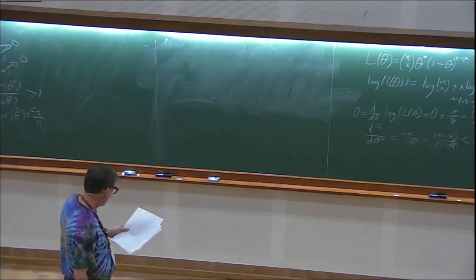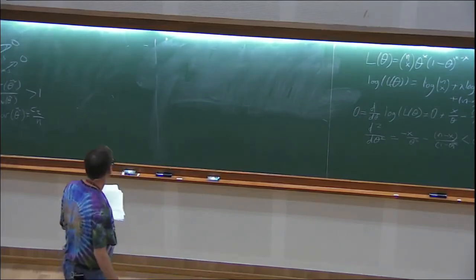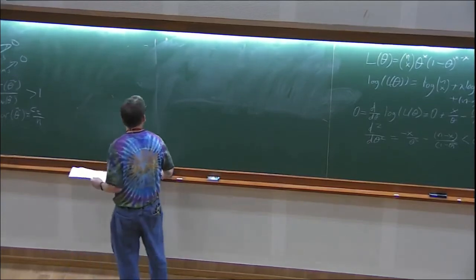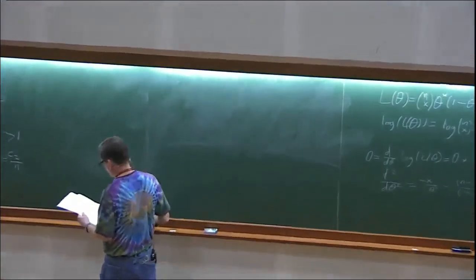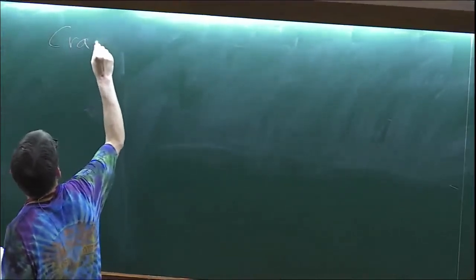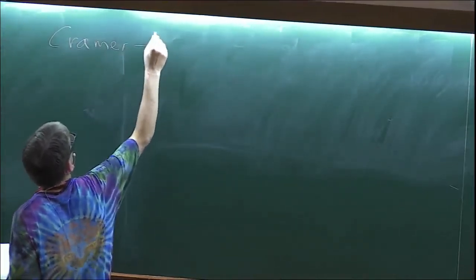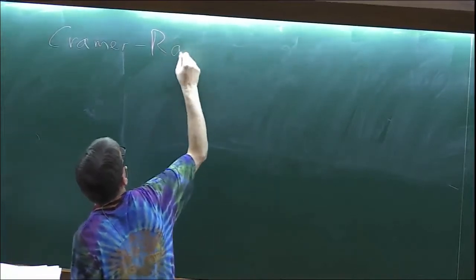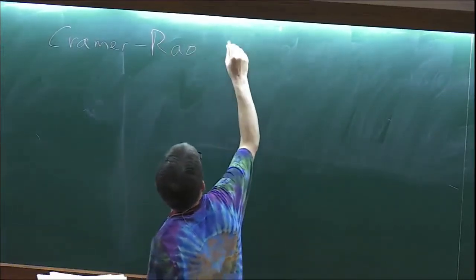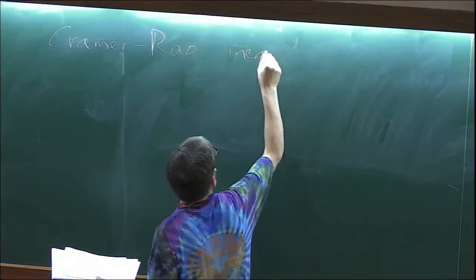Okay, now, there is a measurement of efficiency of these estimators, and it's called the Cramer-Rao inequality.